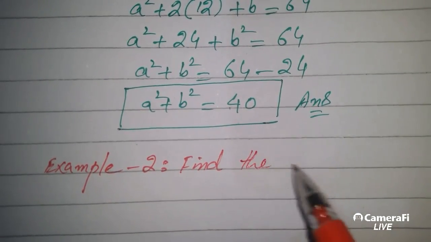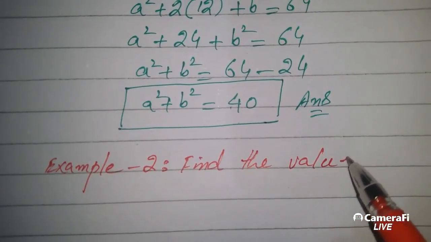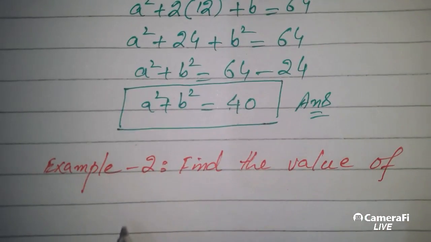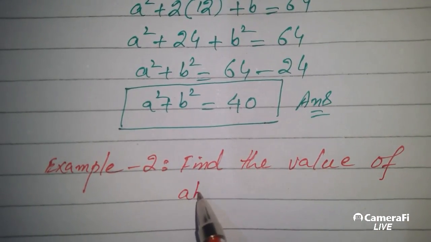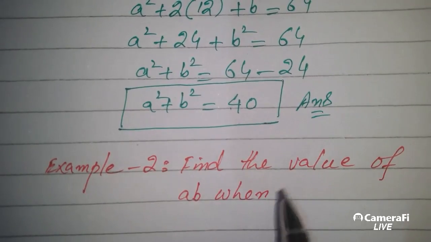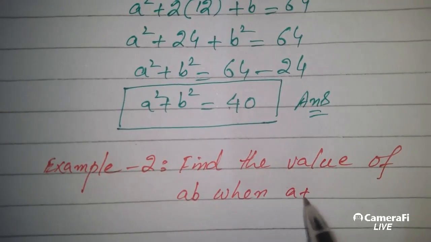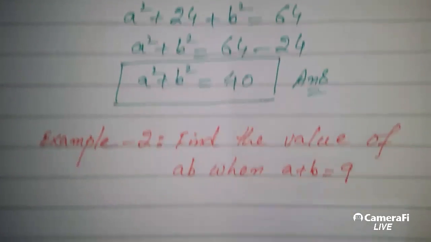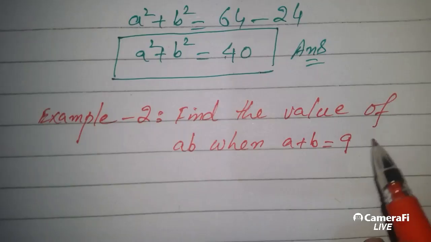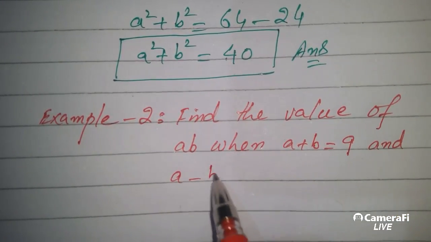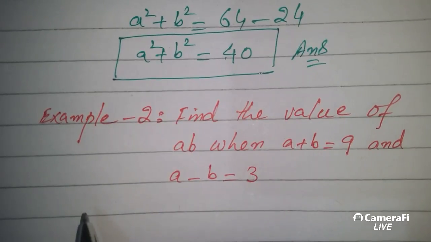Find the value of ab when a plus b equals 9 and a minus b equals 3.